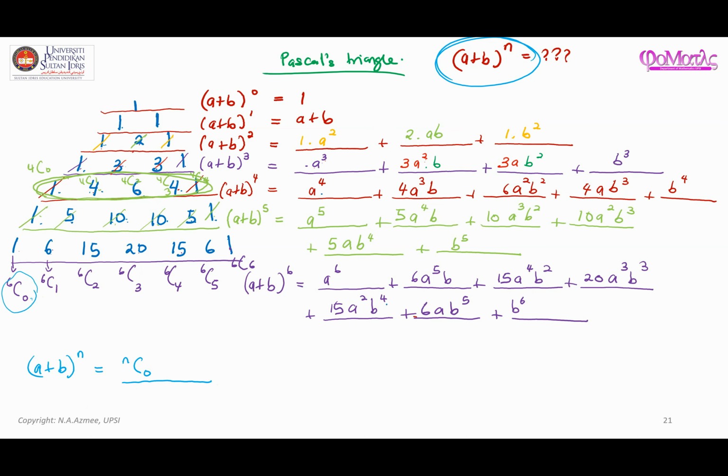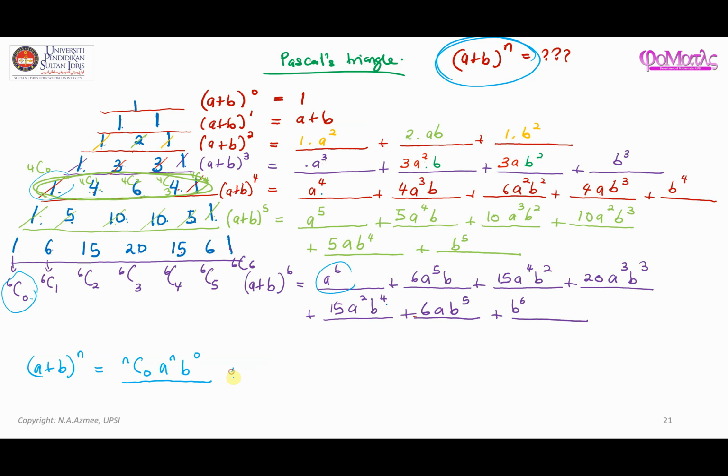Okay, look at the pattern. Look at whatever you have managed to observe before with all the examples given. So here must be NC0. A will start with the power of n and b with the power of 0. I hope you agree with that.